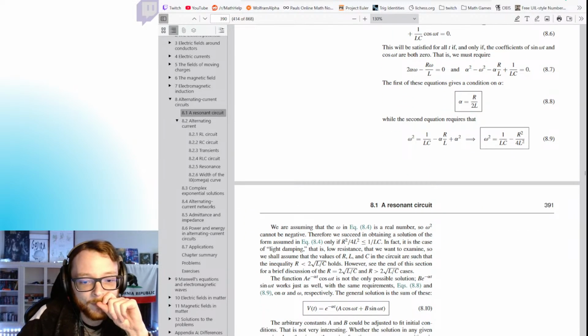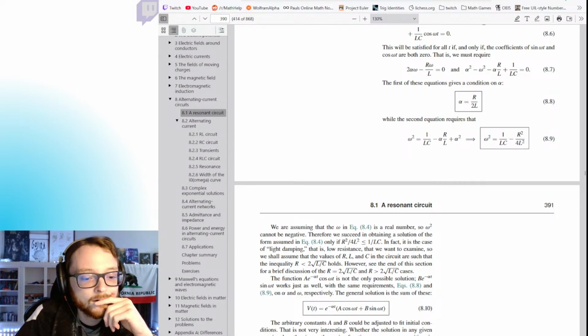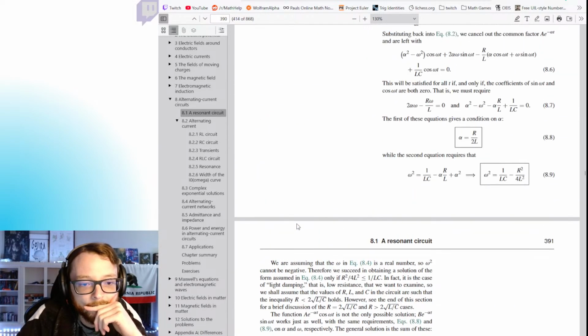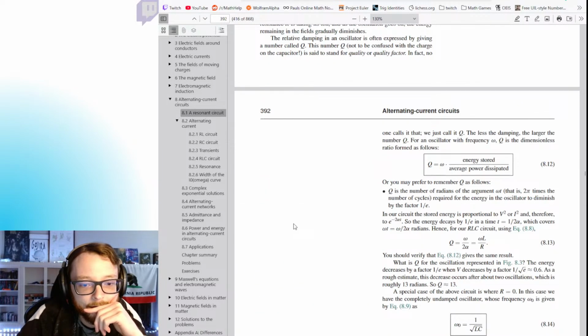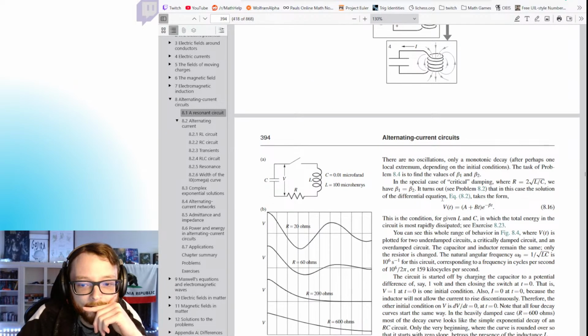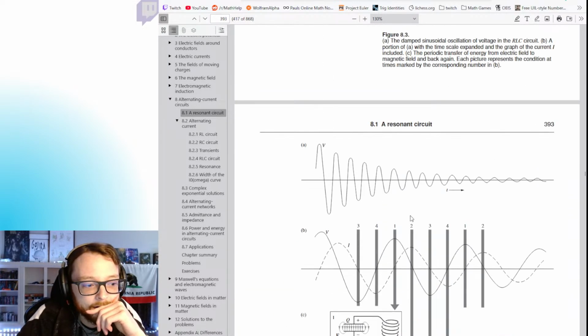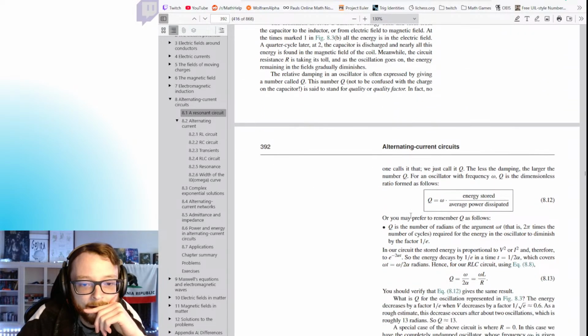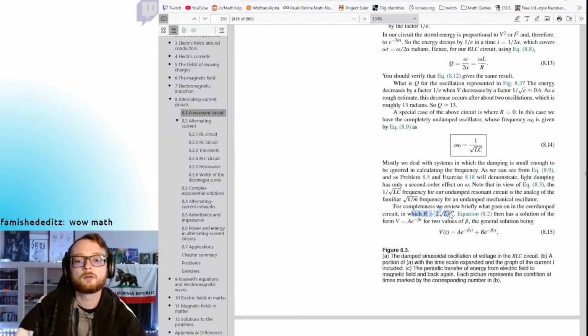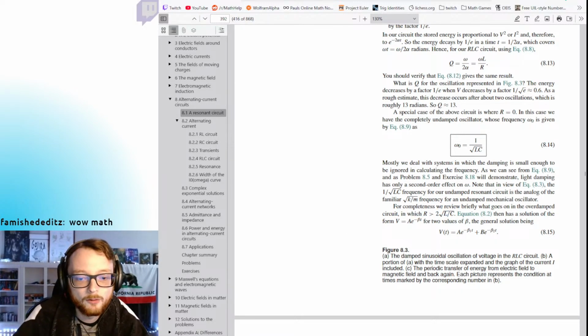So wait, what happens to my solution if we force R greater than 2 root L over C? Maybe that's what I need to think about.